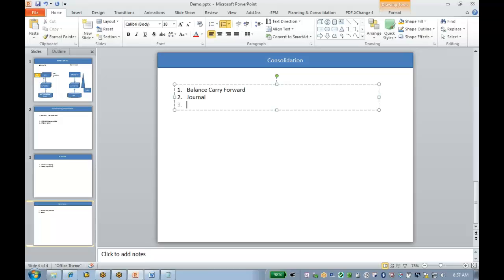This product is enabled for currency translation. This product is enabled for reclassification. Reclassification in the sense, suppose I want to prepare my cash flow. The cash flow I have has a separate format.